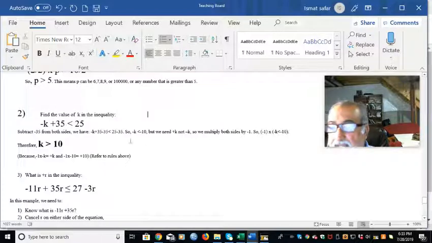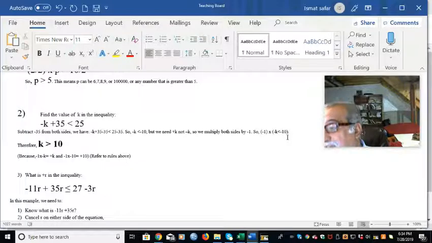So we multiply both sides over here by -1. -1 times -k less than -10 becomes positive k greater than positive 10. Remember, it is extremely important and critical that when you multiply or divide by a negative number, like we did here by -1, this sign becomes the opposite.